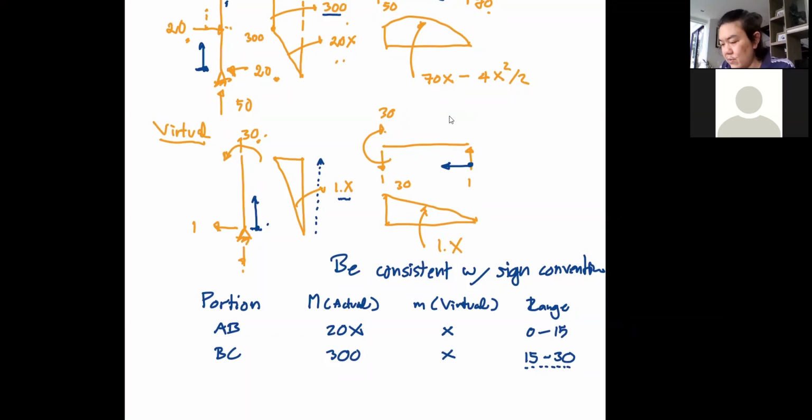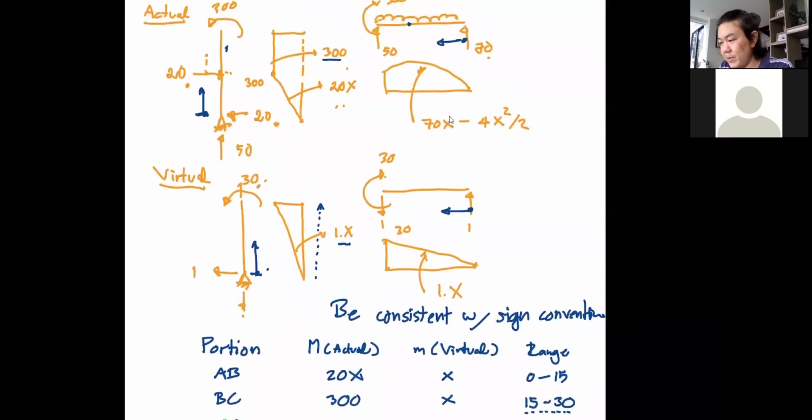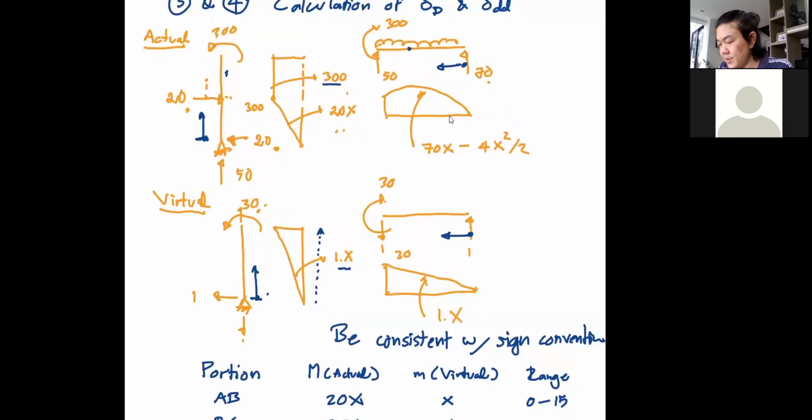So now we're back to the last portion that we must get done, that's DC. And now some of you still cannot work from right to left. I don't know why. If you want to work from left to right, this would be such a burden. Let me demonstrate: your moment equation would be 50.